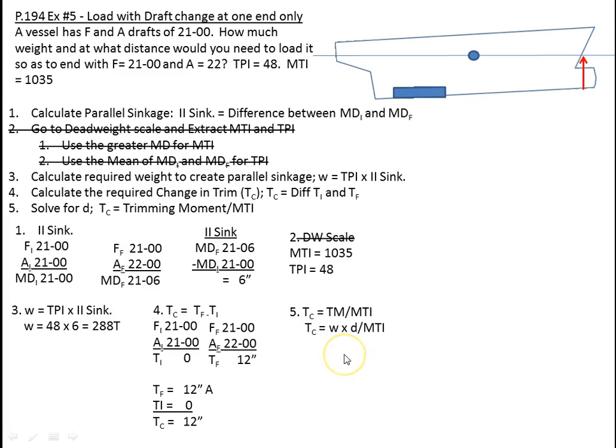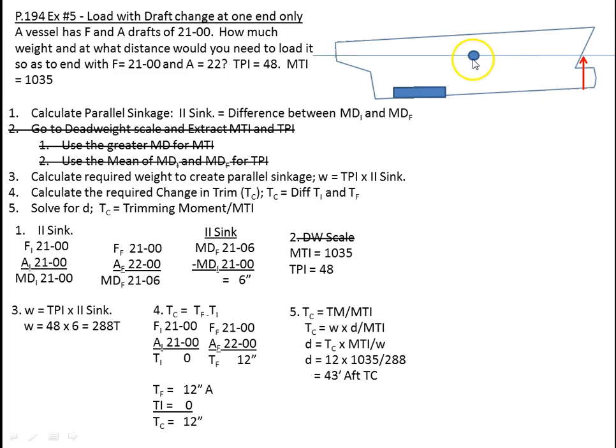Trim change equals weight times distance divided by MTI. Well, we're going to be solving for distance, so we have to rewrite this formula, solving for D. D equals trim change times MTI divided by W. So 12 times 1035 divided by 288.